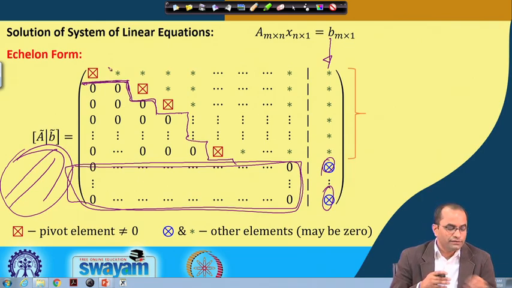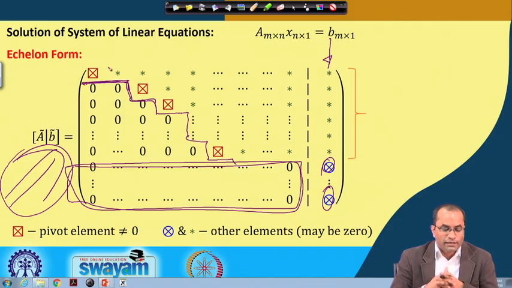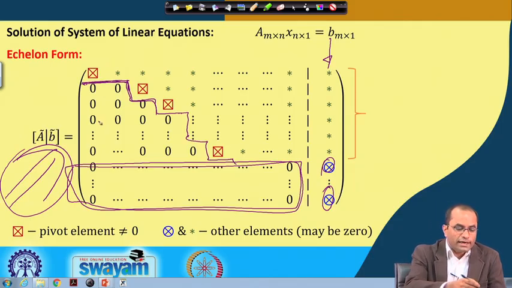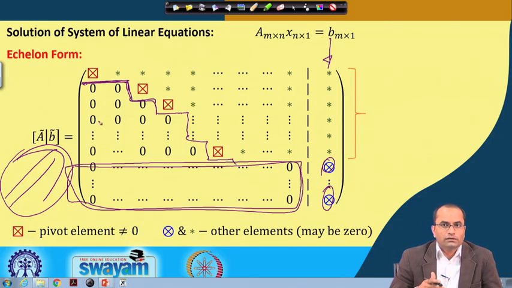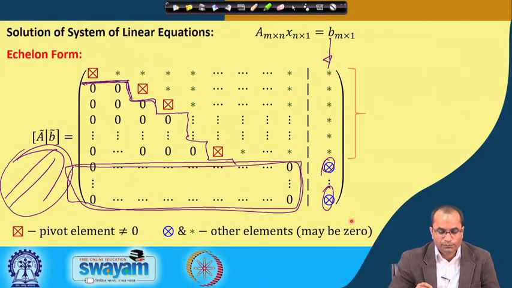Once we identify these pivot elements, we can characterize the system in terms of consistency. Putting the matrix into echelon form is the difficult part. Once we have the echelon form, getting the solution from it is just through back substitution, which we have observed in simple examples in the previous lecture.